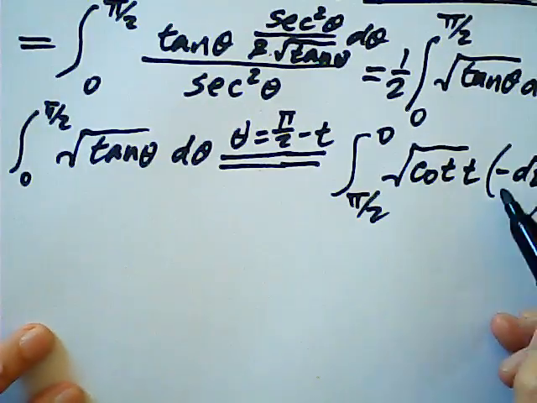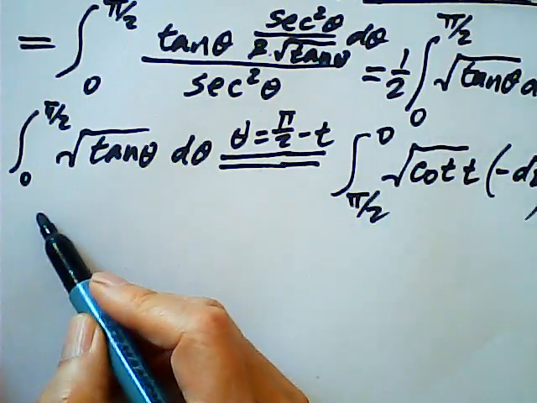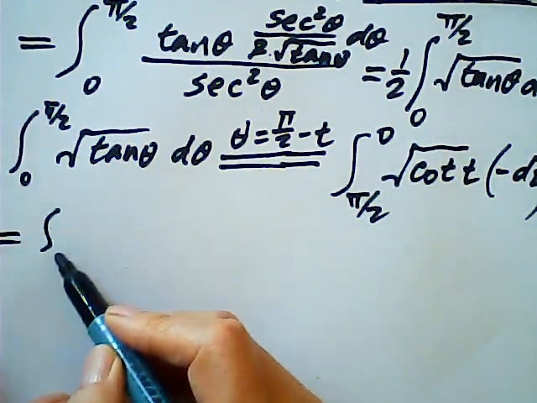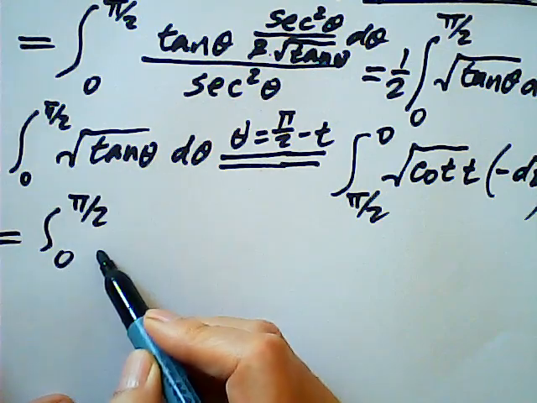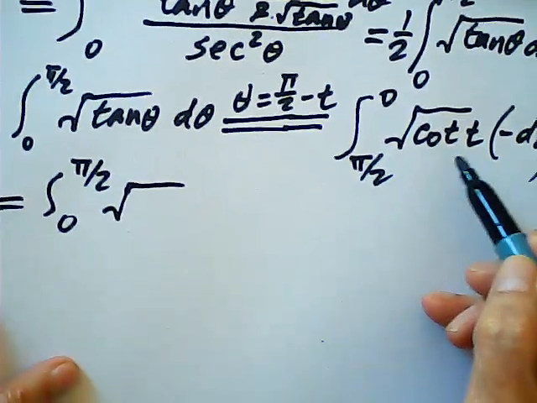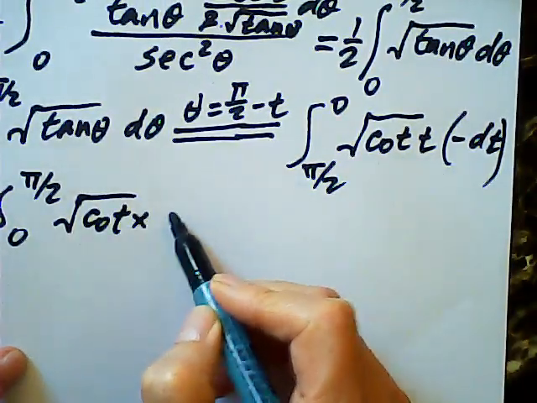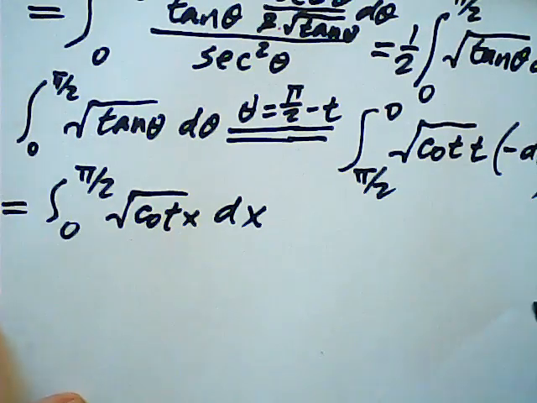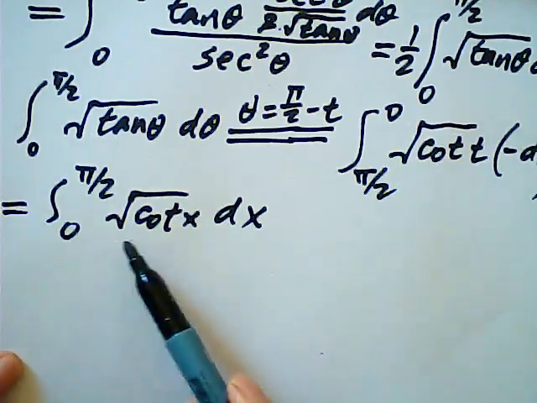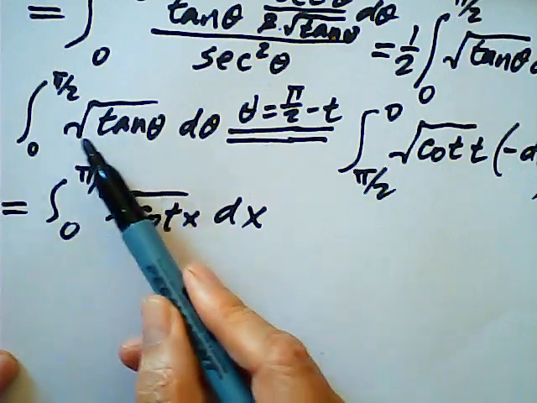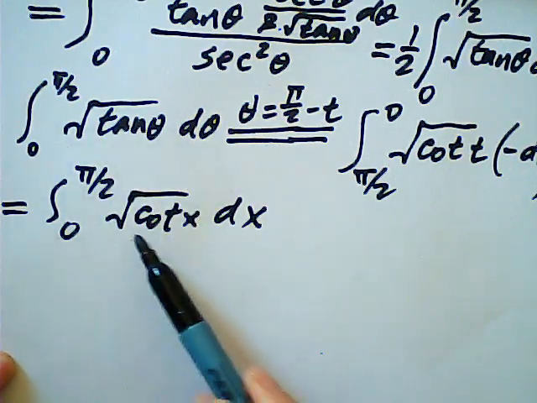I use the negative to switch the boundaries, so it becomes from 0 to half pi. Let me change the dummy variable: square root cotangent x dx. In other words, the integral of square root tangent is equal to the integral of square root cotangent.